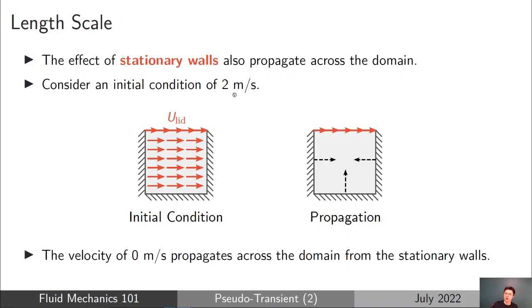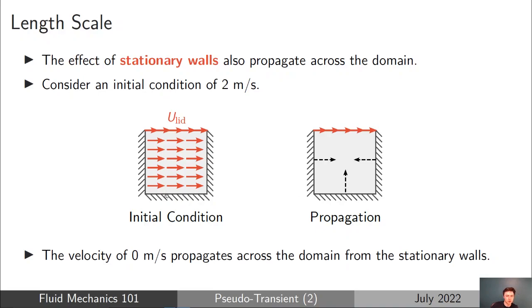What if we took a different initial condition? What if we started with the fluid moving everywhere at the same velocity as the lid? So say, for example, the lid is moving at 2 meters per second and we set the entire fluid moving at 2 meters per second. What would happen then? Well, if we observed the solution of the CFD code every iteration, we would see the opposite effect to what we saw before.